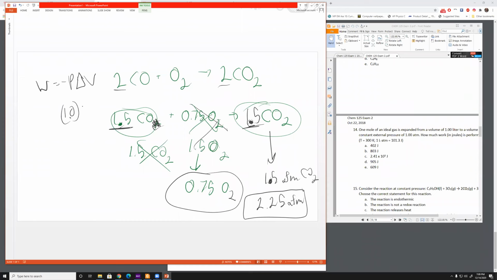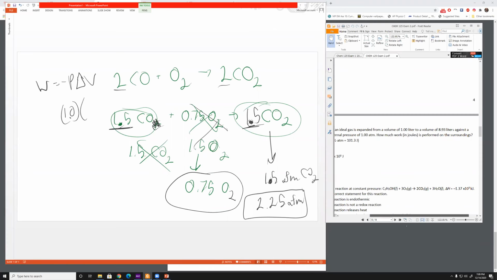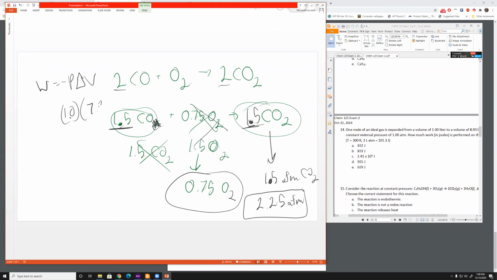The change in volume is 8.93 minus 1, so that's 7.93. This would be negative. So the work is going to be 7.93 liter atm. And you know that 1 liter atm is 101.3 joules. We want to convert to joules.